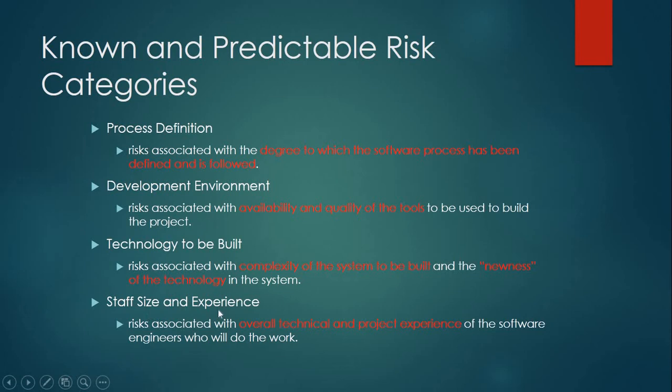Next is staff size and experience, risk associated with the overall technical and project experience of the software engineers who will do the work. So these are the categories of known and predictable risk, meaning risks we already know or can predict could happen in our project management.